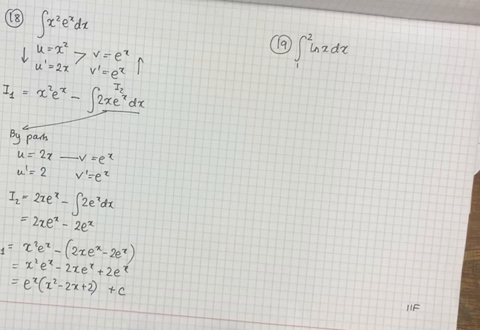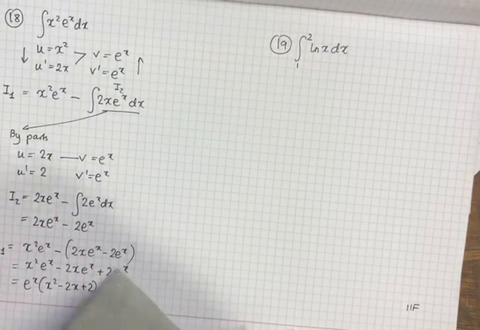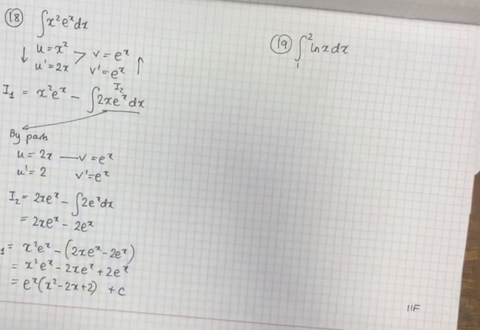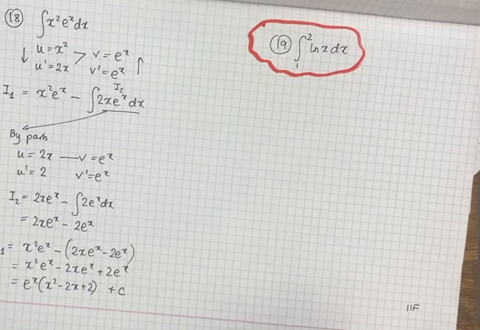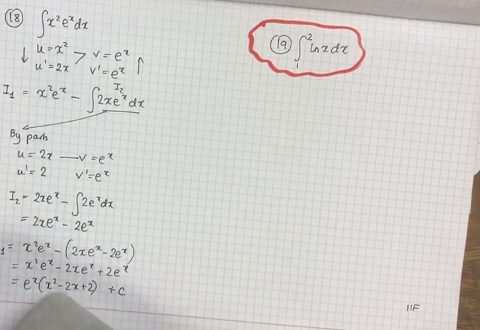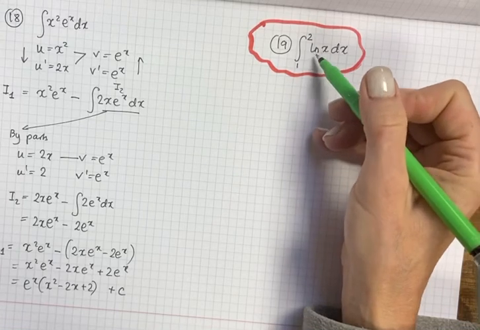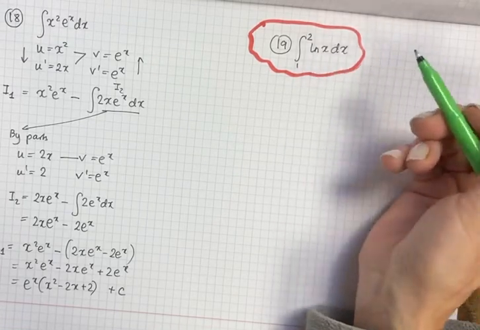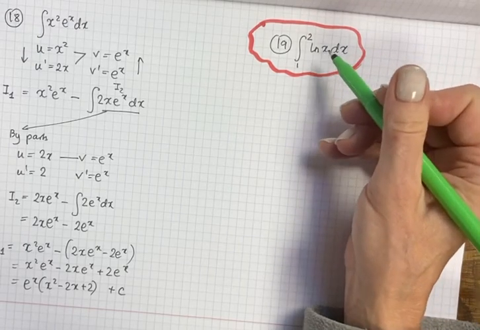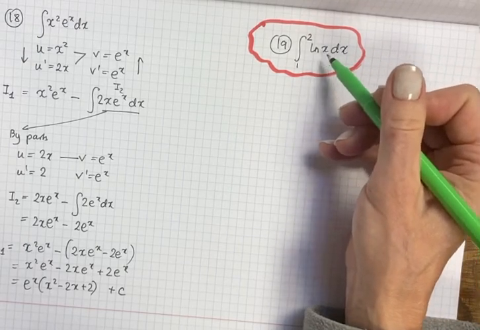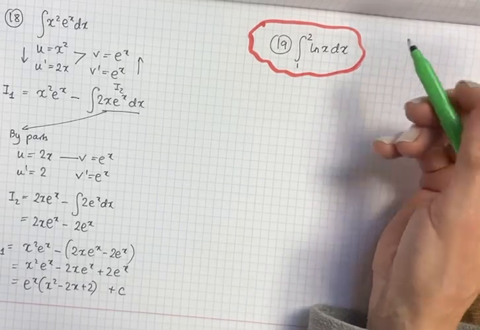Perfect. Okay, now this is a very, very important example. Really, really crucial. If you remember from before, when you did differentiation, you can differentiate ln x, but integrating ln x is not something that you know about, so you need to learn how to do it.